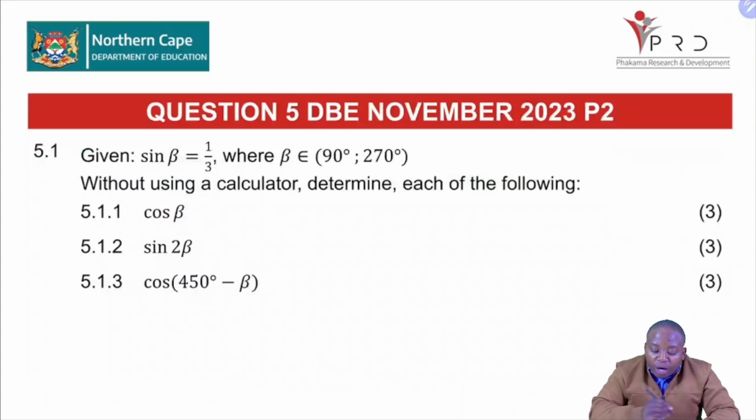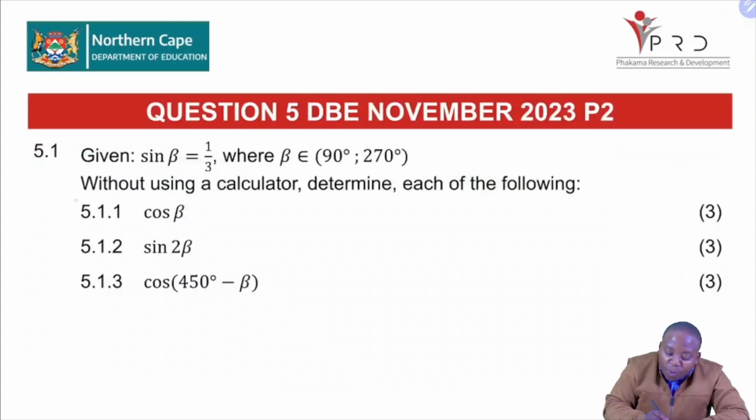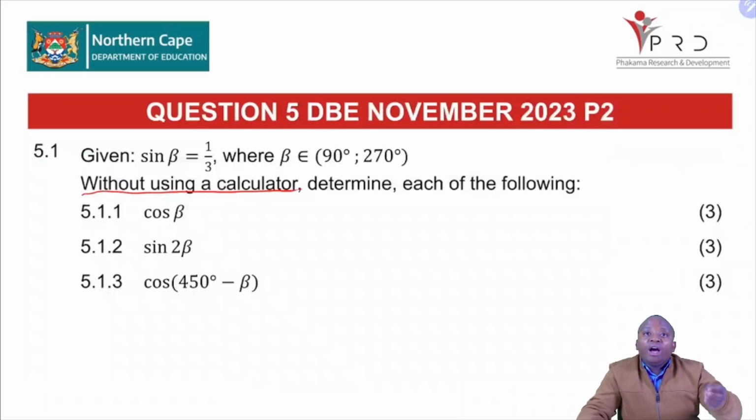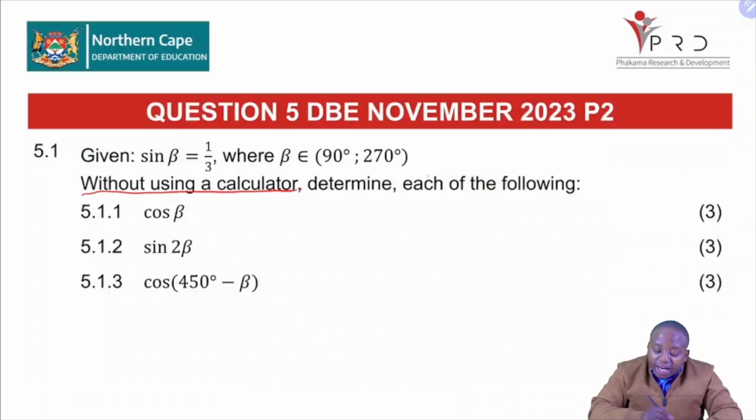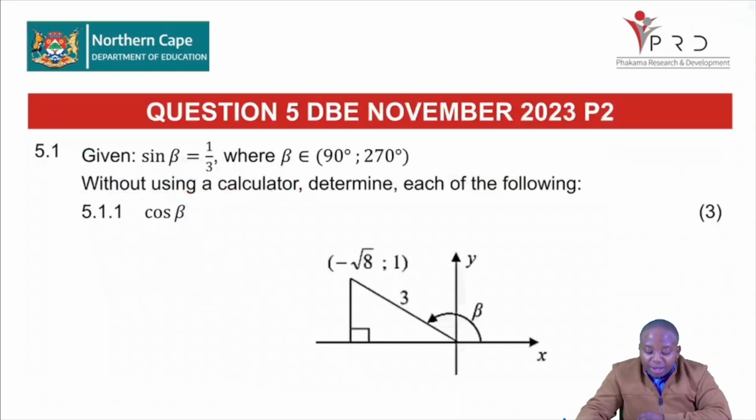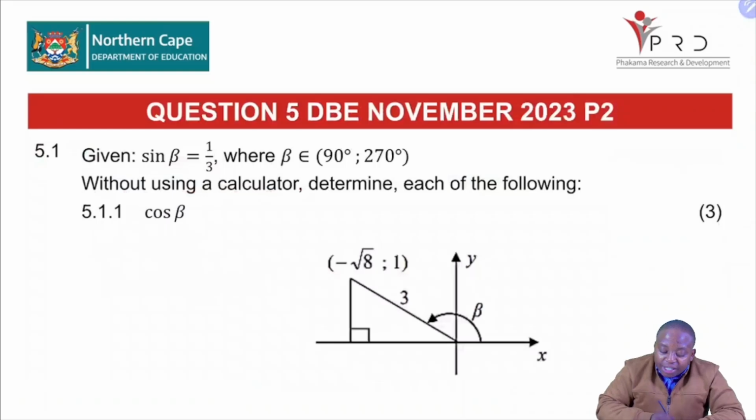Remember, to work with this kind of question, where they say, without using a calculator, we are required to utilize a Cartesian plane. So we have to draw a basic right angle triangle on a Cartesian plane. This is how we draw the right angle triangle on a Cartesian plane. Remember, we are going to utilize our soccer tool.